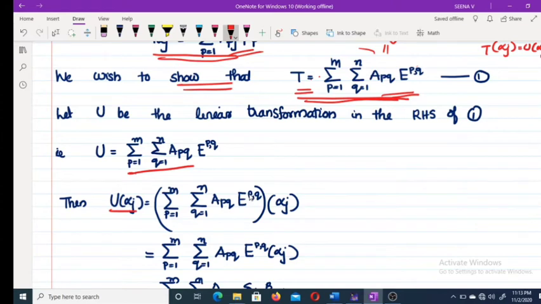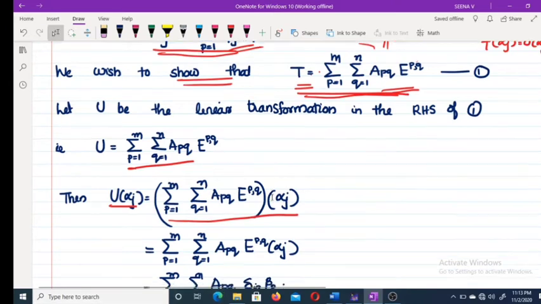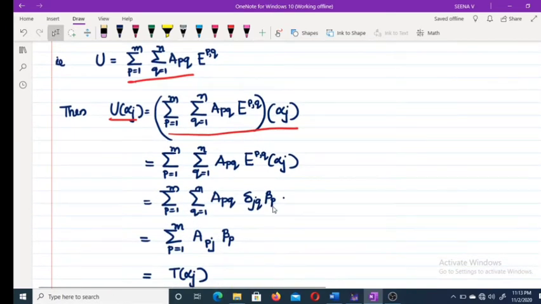Now what is U of alpha j? U of alpha j is this sum applied to alpha j, which is equal to taking alpha j inside, EPQ of alpha j. Now by definition EPQ of alpha j is delta jq beta p, times APQ. This sum is varying.